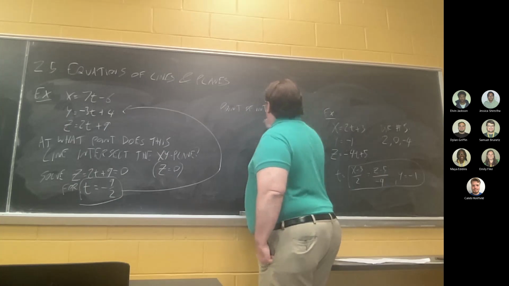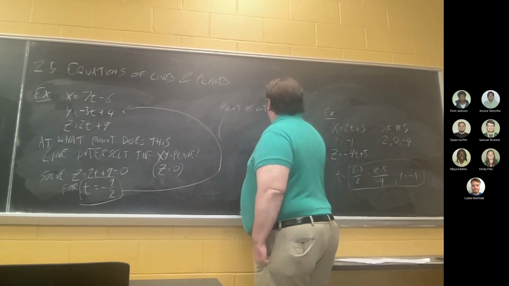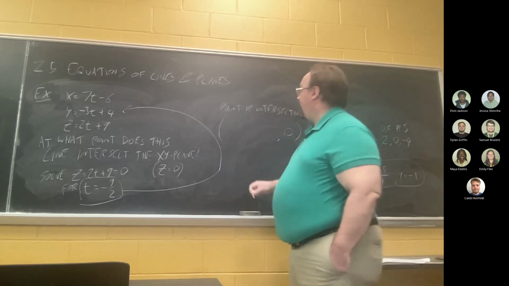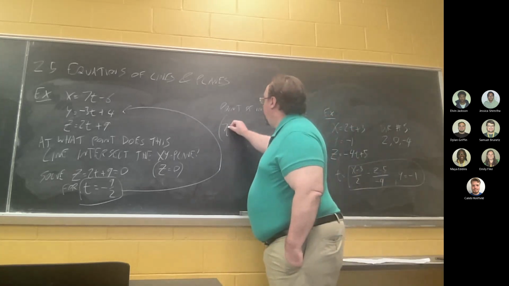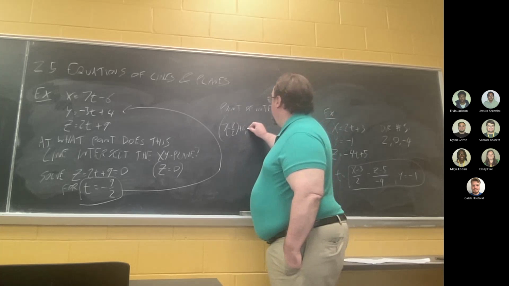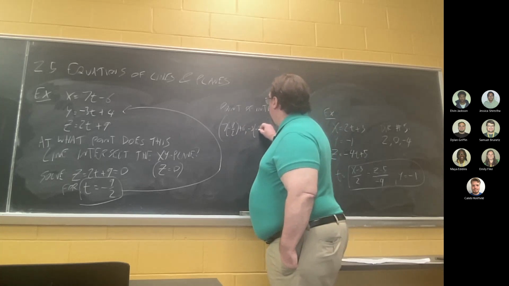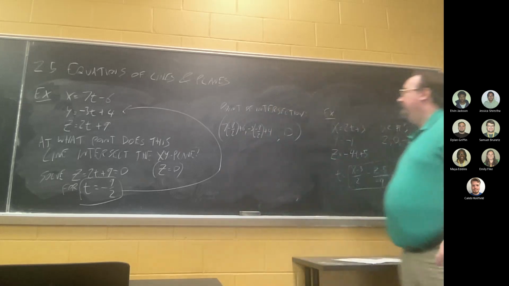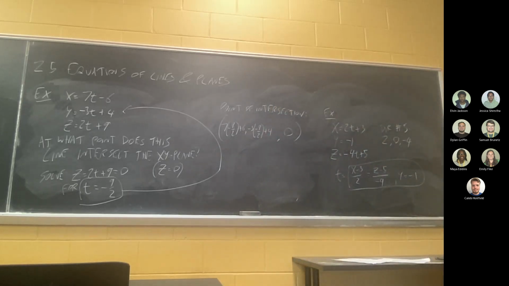So the point of intersection: well, the z coordinate will be 0. For the x, we'd have 7 times minus 9/2 plus 6. And for the y component, we have minus 3 times minus 9/2 plus 4. Shame on me for picking odd direction numbers, so your numbers don't work out as nicely as I would like.